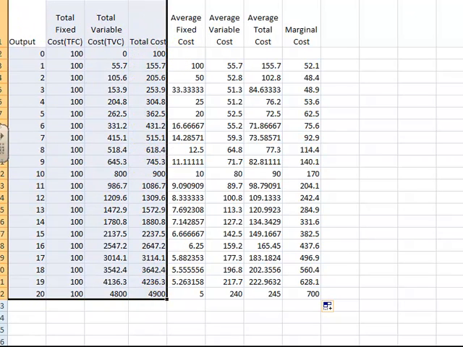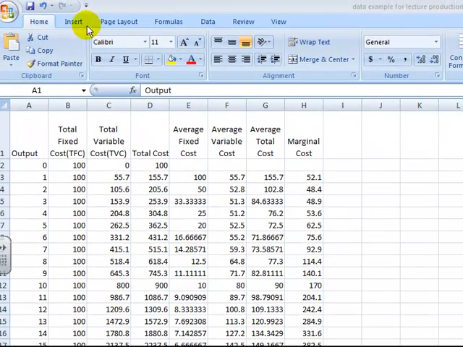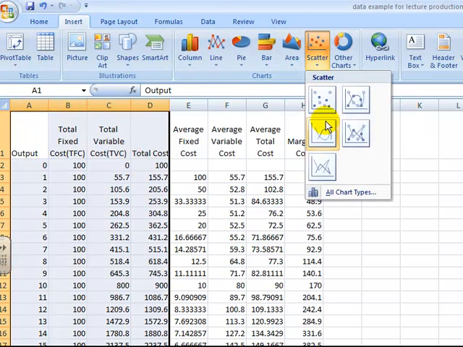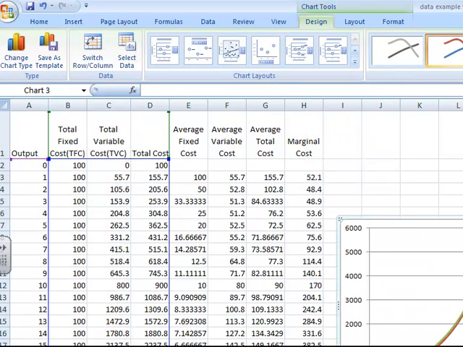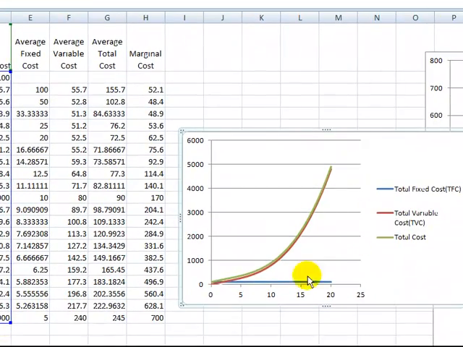Select the first 4 columns, then go to the insert. Here we go. That's the graph we get.